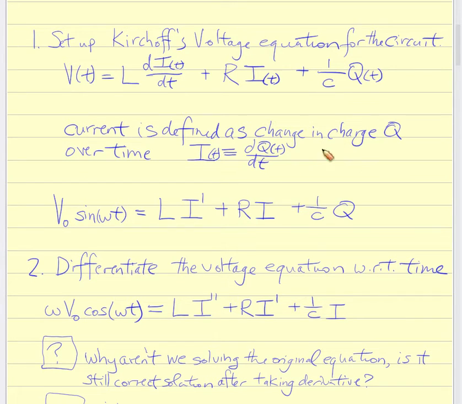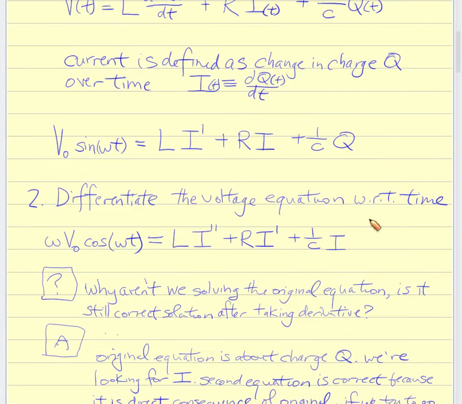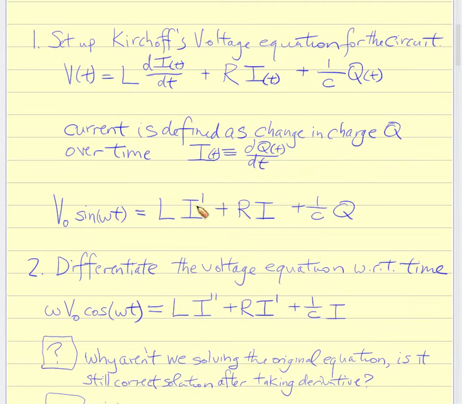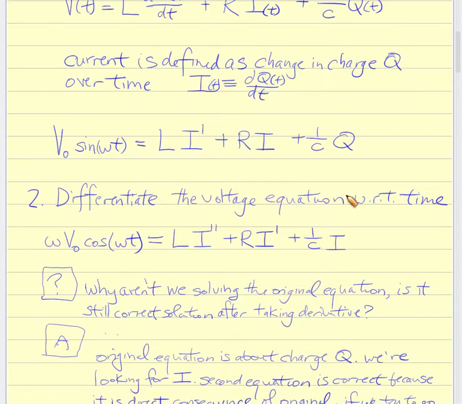Using this relationship, we can eliminate this q and move forward with the equation just involving I and the parameters L, R, C. Notation-wise, we're going to drop the d/dt's and just use prime notation for the time derivative to make things cleaner to see.